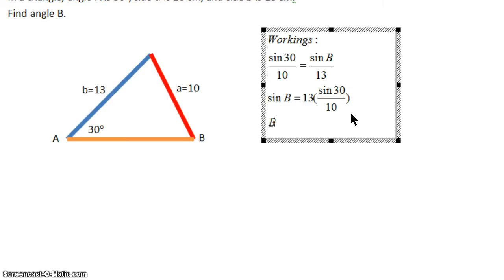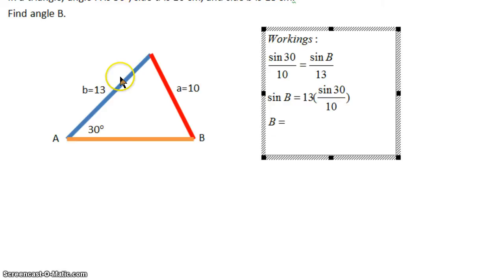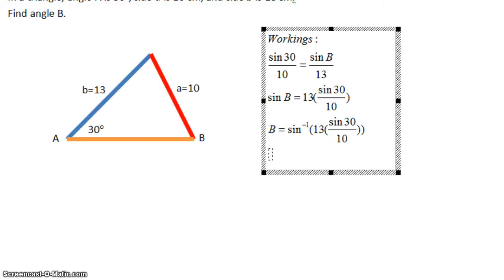So B is equal to arc sine, or inverse sine, of the whole thing, 13 multiplied by the fraction, sine 30 over 10. Okay, and now this is when I use my calculator.